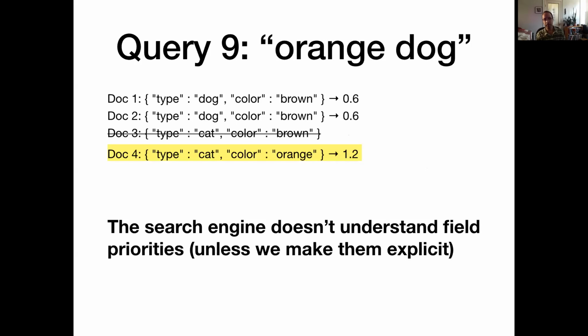In this case, document 4 is going to win, and the reason for that is because orange is a rare term in the color field. There's only one occurrence of orange among all these 4 documents, whereas dog and cat are equally common. There are 2 occurrences of dog and 2 occurrences of cat. So since document 4 has the match on the rare term, it gets the high score here and comes up on top.